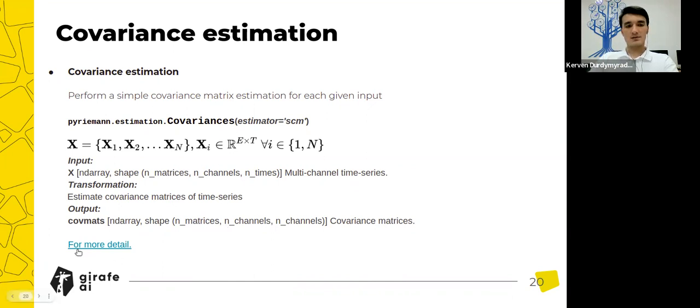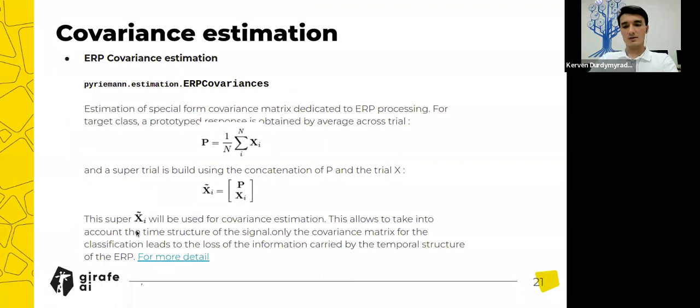Almost in each slide we have links for deeper knowledge. They are clickable. The second method for estimating the covariance is ERP covariance estimation.